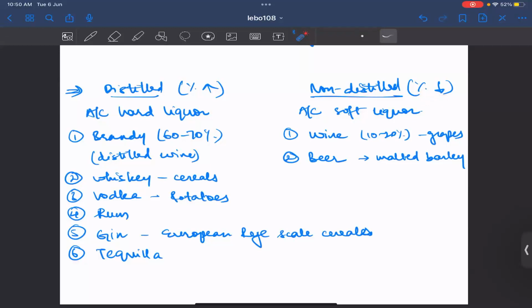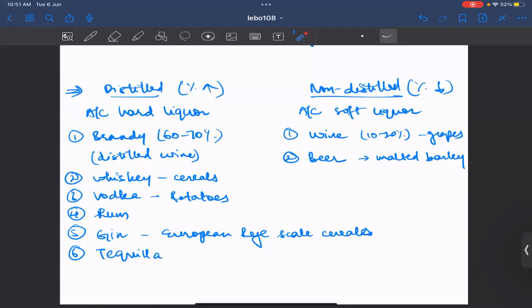Therefore non-distilled are called soft liquor and distilled drinks are called hard liquor. Now a few examples. In non-distilled we have wine, which is made from grapes, and beer, which is made from malted barley. You need to remember grapes and malted barley. And this is the average concentration of alcohol present in it.